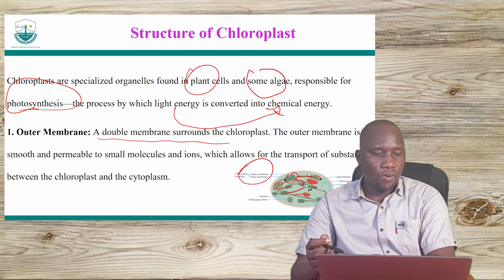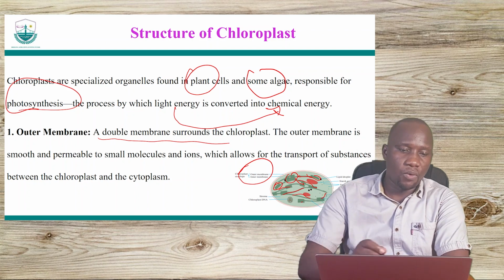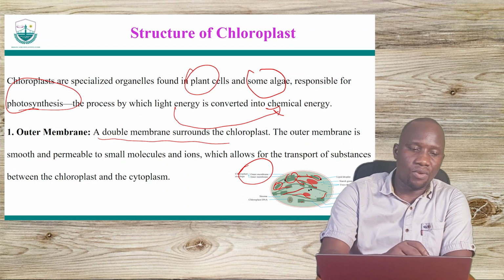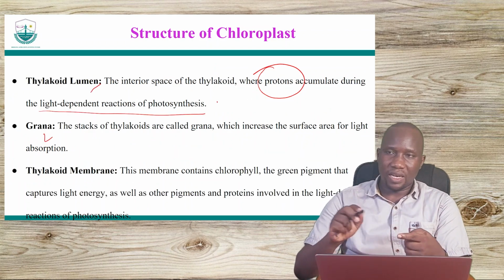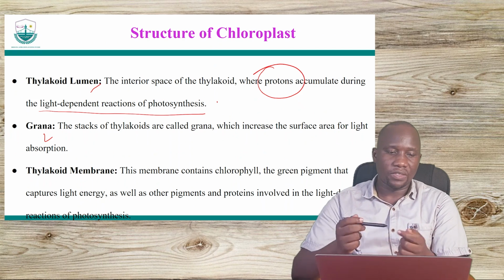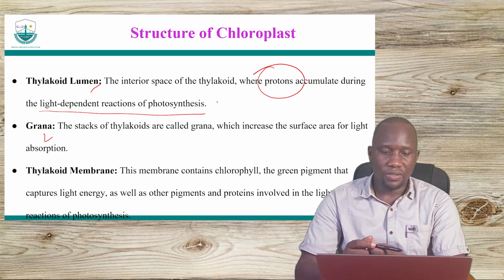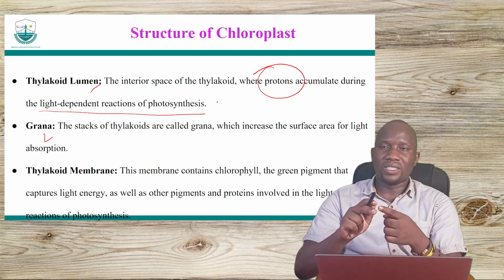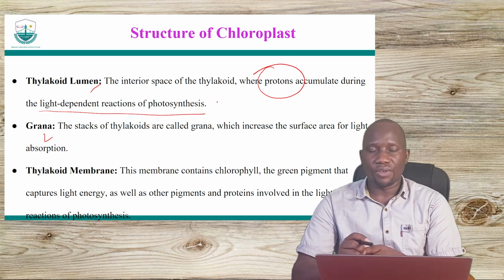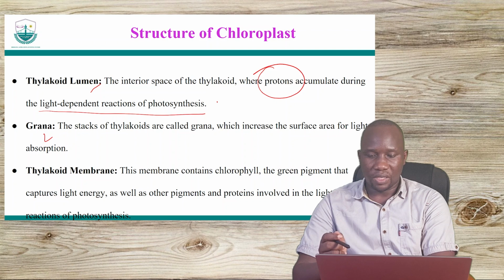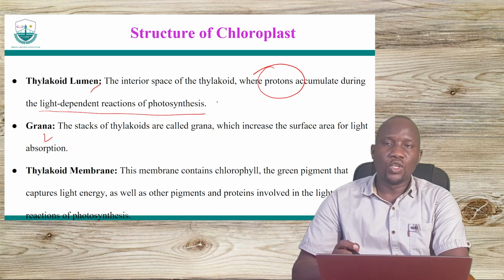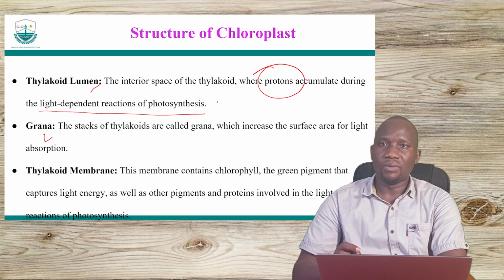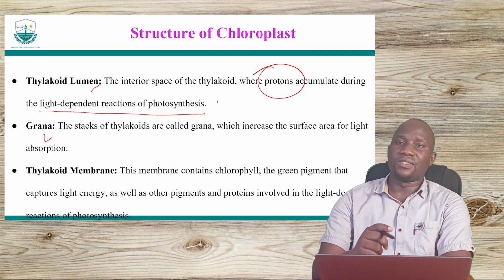Okay, so we have the lumen, we have explained that, we have the grana, and then the thylakoid membrane, basically the membrane that's covering all these thylakoid systems. They are the ones that contain chlorophyll. This is very important in life. In plants we don't only have chlorophyll, we can also have other pigments.